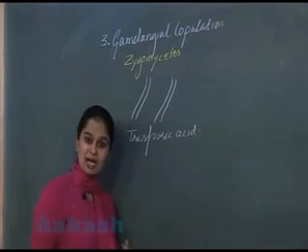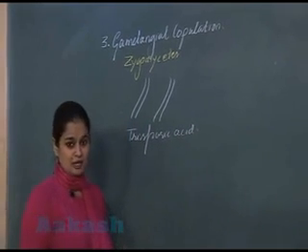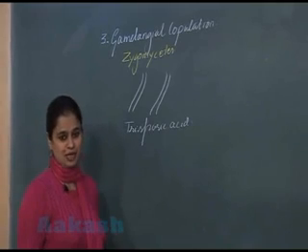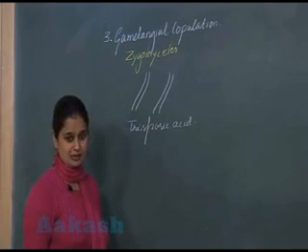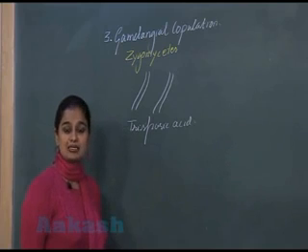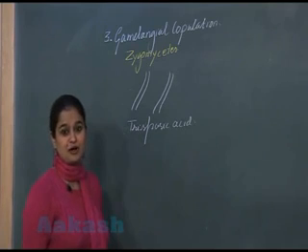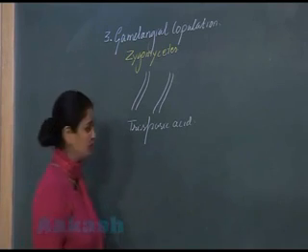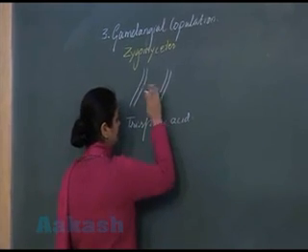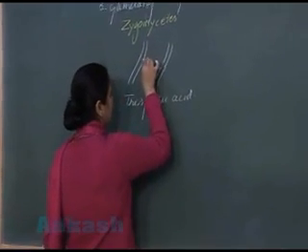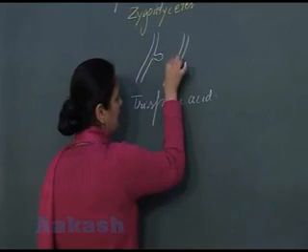जब compatible hyphae पास आएंगे तो एक chemical release होगा. That chemical which is released, that is trisporic acid. This trisporic acid stimulates formation of sexual hyphae. इस ट्राइस्पोरिक एसिड की वजह से अब यहां पर बनेंगे सेक्सुअल हाइफे.